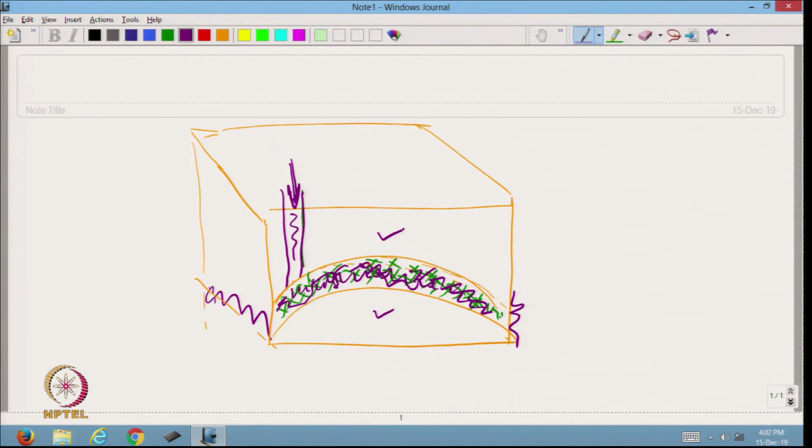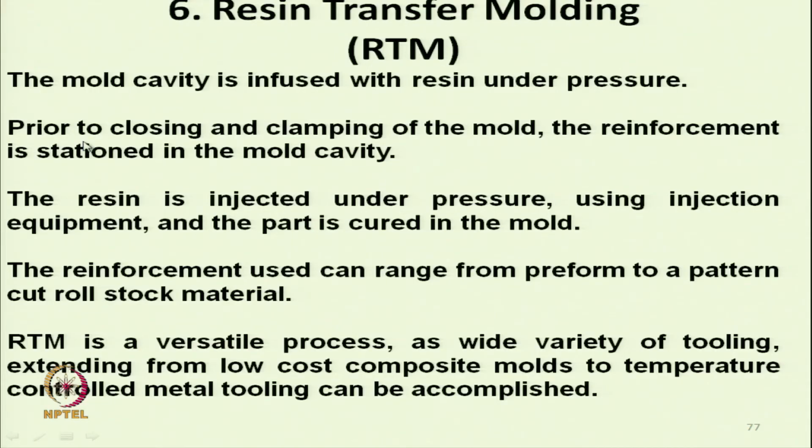So, after that we can remove the mold to get the composite. Prior to closing and clamping of the mold, the reinforcement is stationed in the mold cavity. So, that mold cavity reinforcement is already placed there. Resin is injected under pressure.